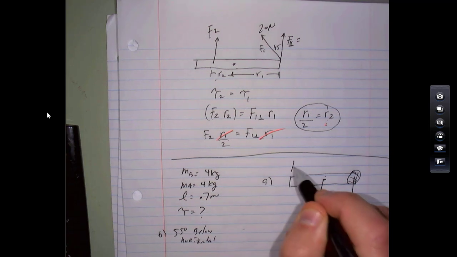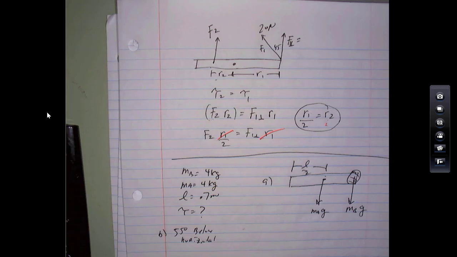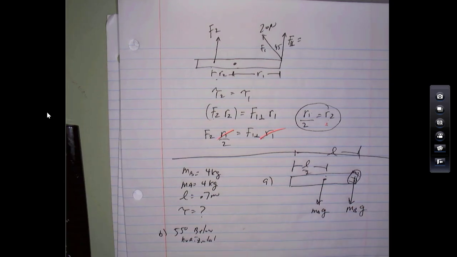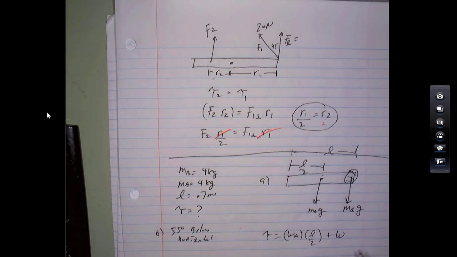This distance is L over 2, since we're assuming a uniform shape, so it's right in the center. This distance is L, and we just want the magnitude of the torque. So the net torque here would be the weight of the arm, times L over 2, plus the weight of the ball times the distance from this force to the pivot point, which is L.